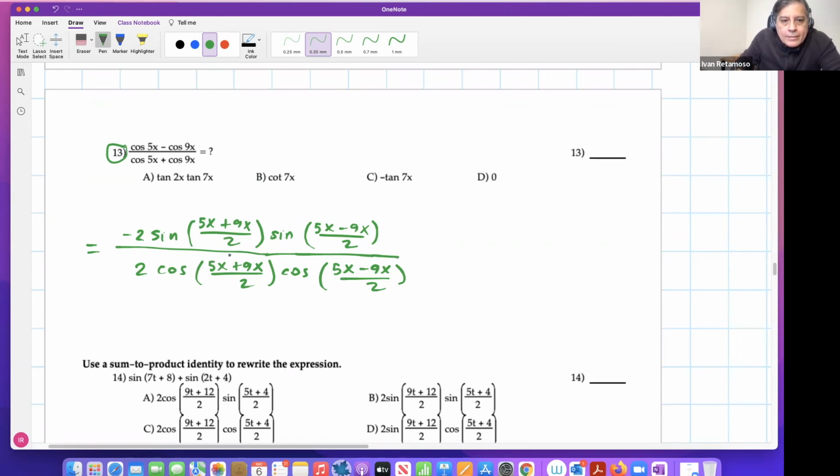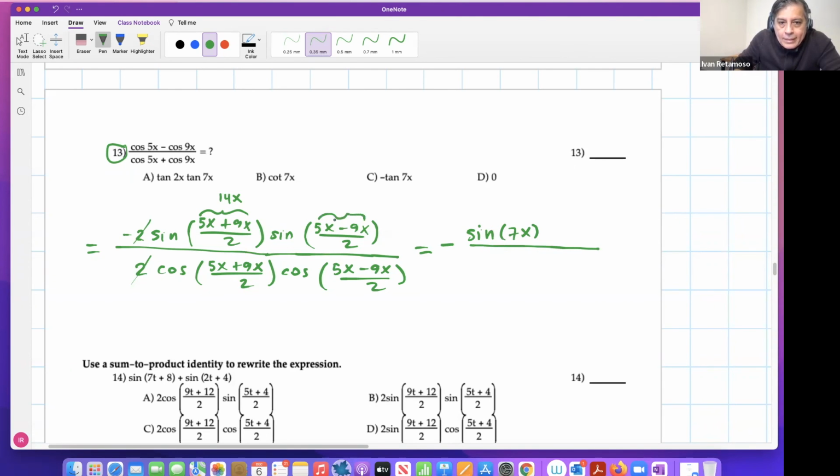All right, so now doing the math here, notice this becomes the following. After canceling this 2 and 2, 2 into 2, 1, on the top, we end up with sine of what? 5x plus 9x is 14x, right? 2 into 14x, 7x.